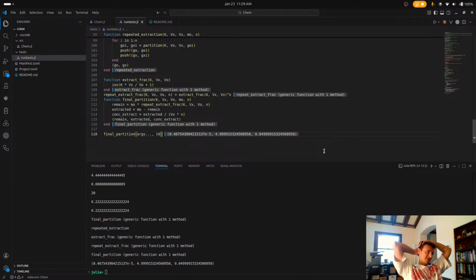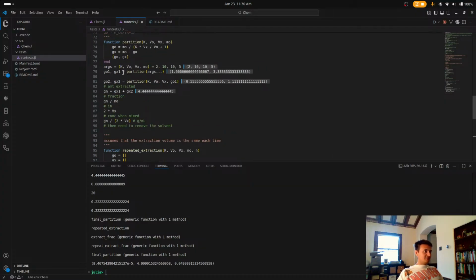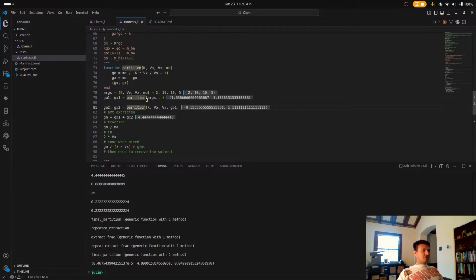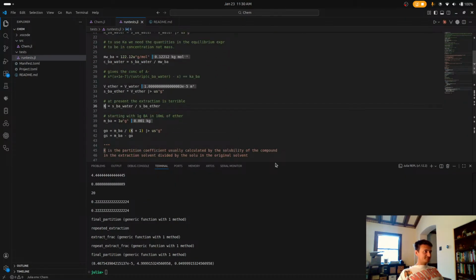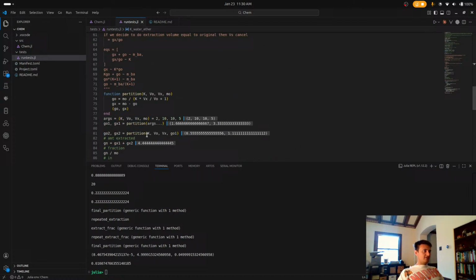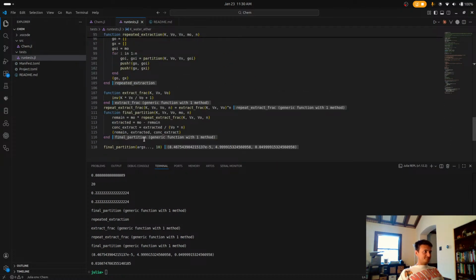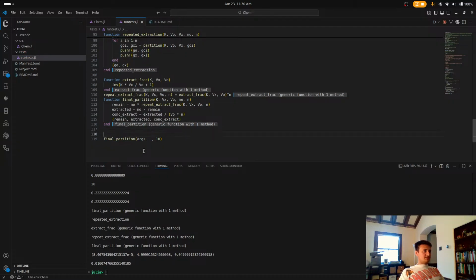If you do 10 extractions, you basically can get all of it if the K is good. What if the K is like what we actually found the K to be? What happens now? So this is like, wow, if K is equal to 2, you can basically get everything.